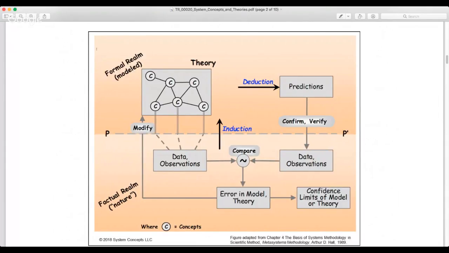Based on the information that we've done previously in the last couple of technical reports, we say that if this is a mathematical theory, then almost all of these concepts would be mathematical concepts. And if this is a specific systems theory, then these concepts could be mathematical, they could be general system concepts, and they could be specific system concepts associated with the specialty system.